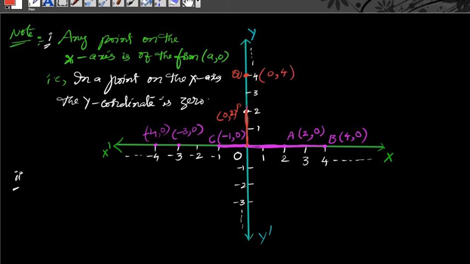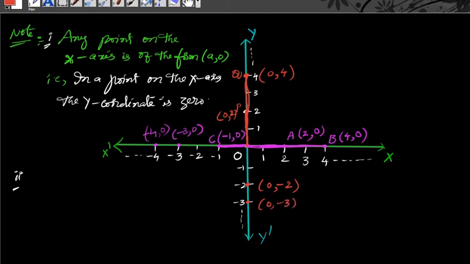This is the 4 unit distance. In the same concept here also, this is a point on the y-axis. So the x coordinate can be taken as 0 and the y coordinate is below the origin, so we take the negative value. That is here, 0 comma minus 3.